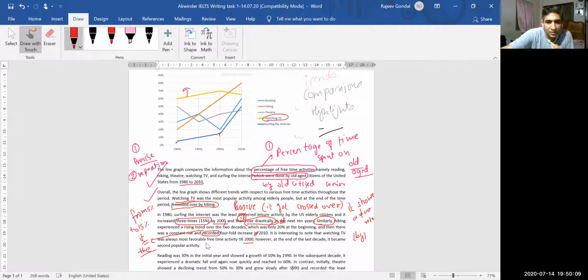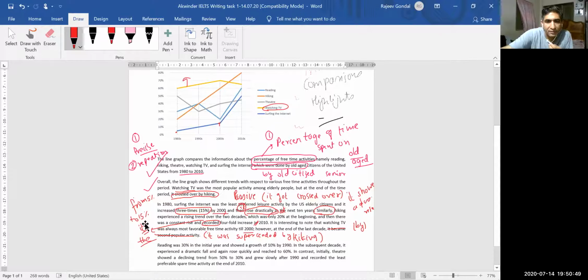You can use this structure also: it was superseded by, a new word, superseded. It was superseded by this orange thing, hiking. It was superseded by hiking. So by the end of the last decade, it became the second popular activity. Instead of that, you can say it was superseded by hiking. That means hiking came before it, or hiking became the more preferred activity.